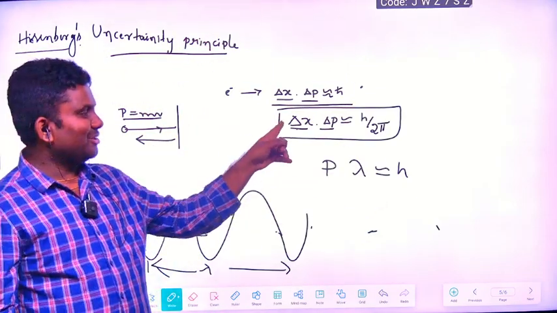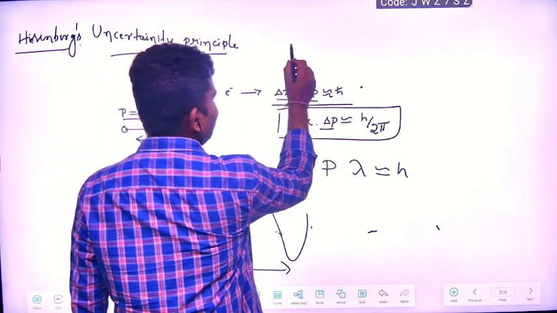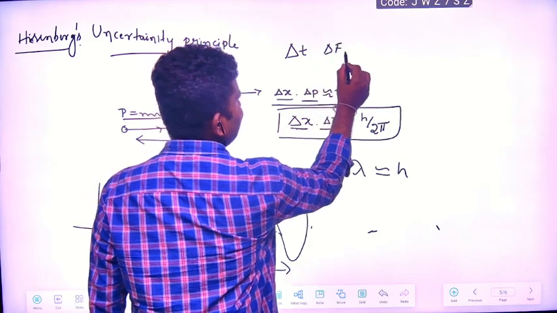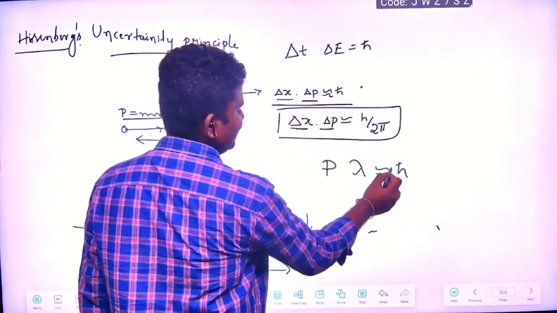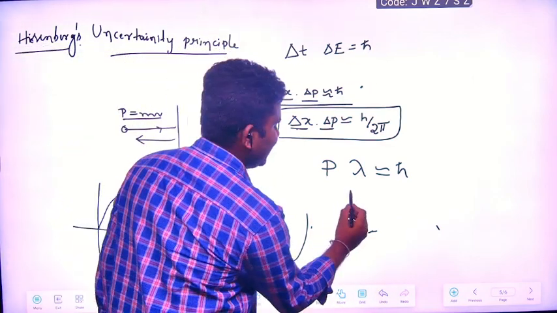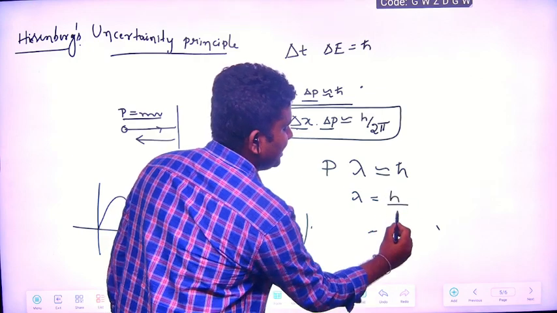He said for an electron, position and momentum, and also that there is variation in time and energy, with h cross. Here also you can write h cross. So he says lambda is equal to h divided by p.